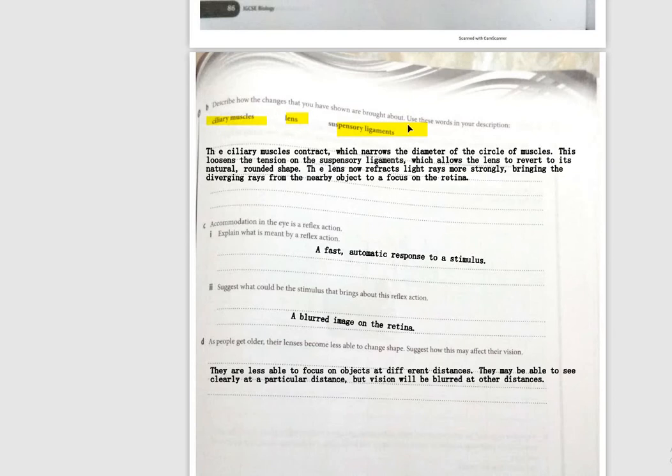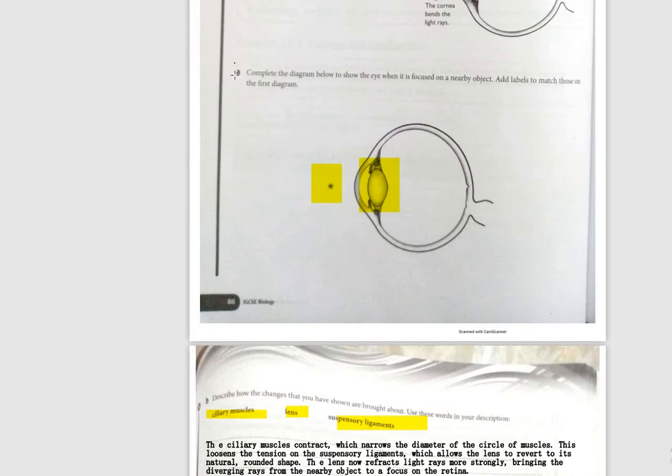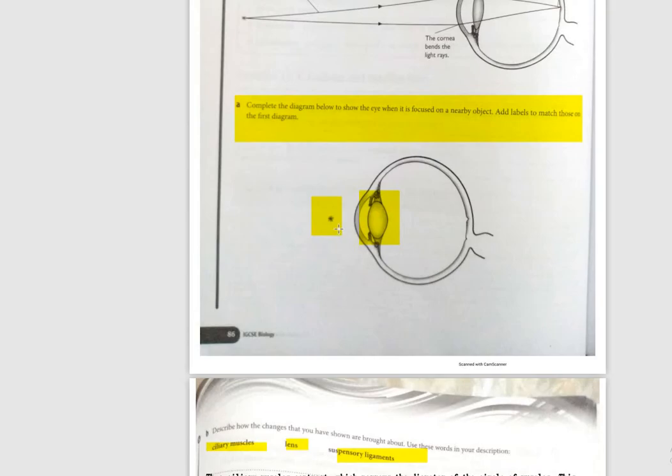In reality, they just want you to explain what happens to the ciliary muscle, the suspensory ligaments, and the lens when the object is at a closer distance.